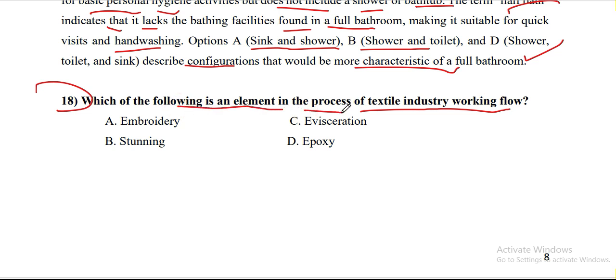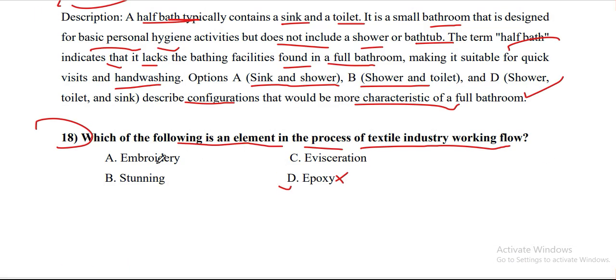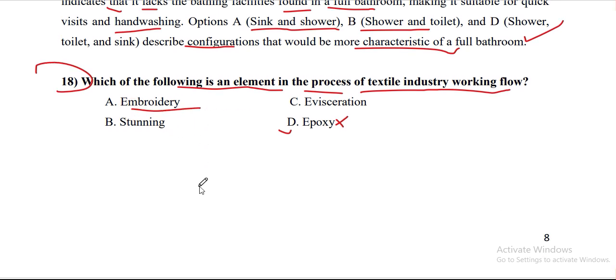A. Embroidery, B. Staining, C. Evisceration, D. Epoxy. So the best answer for this question is option A, embroidery. We'll see the description.